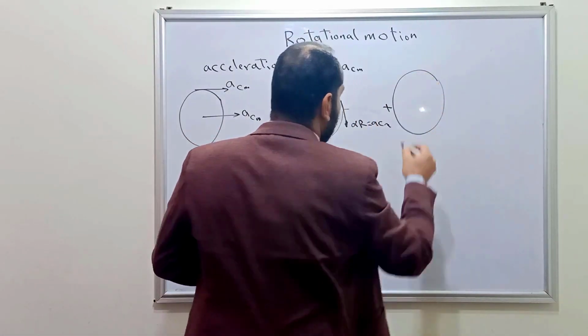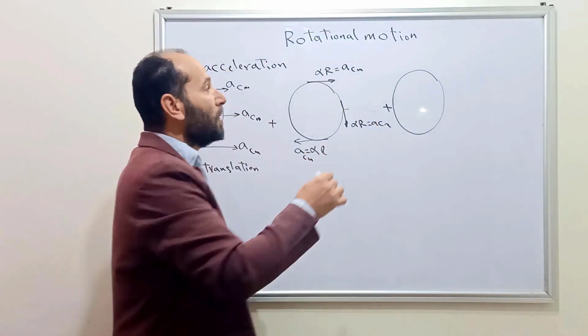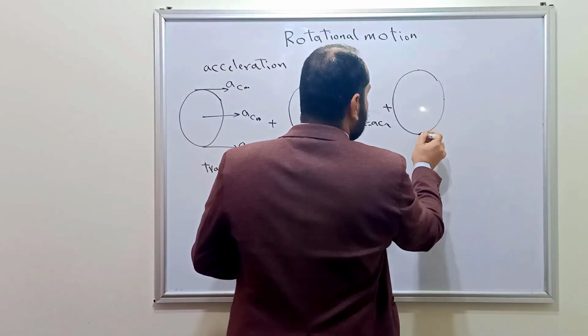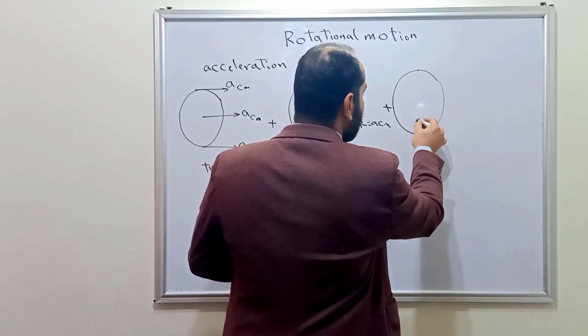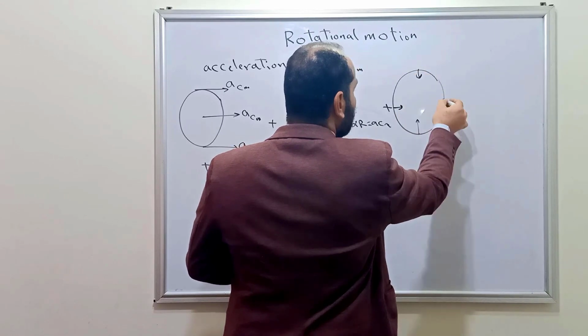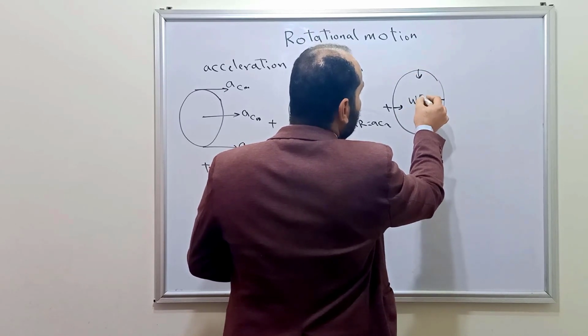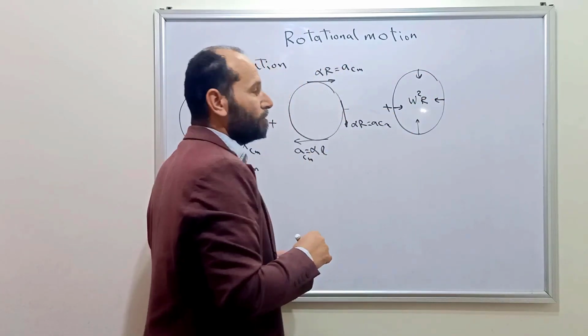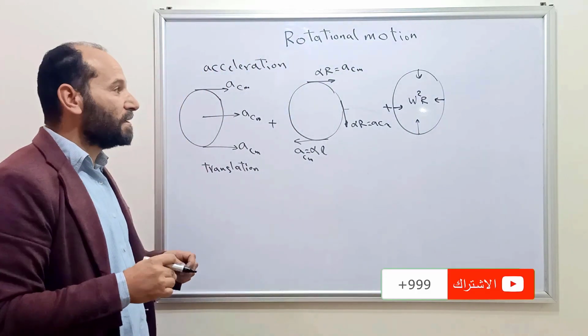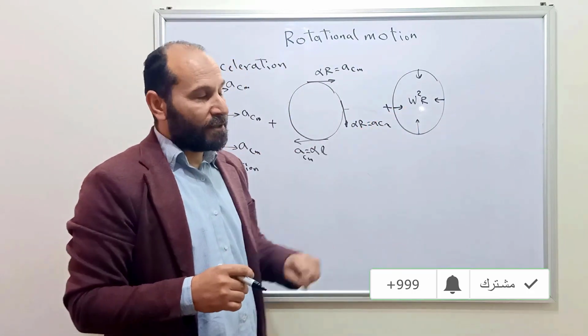And we have a centripetal acceleration for all these points in this direction equal to omega squared r. Centripetal acceleration equals omega squared r.